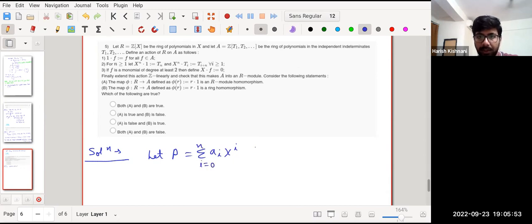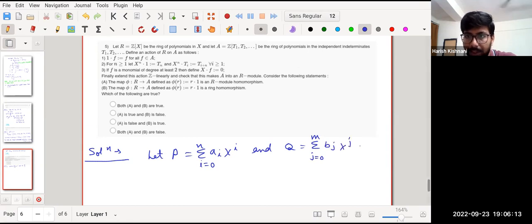And Q is the summation of, with another index, j equal to 0 to m, b_j x to the j. Both of these are inside your R. Both are polynomials in one variable.